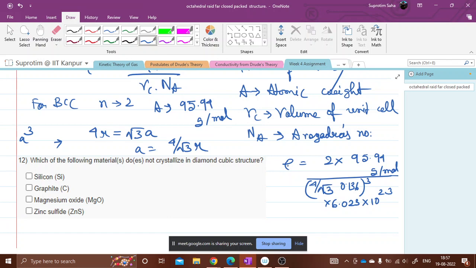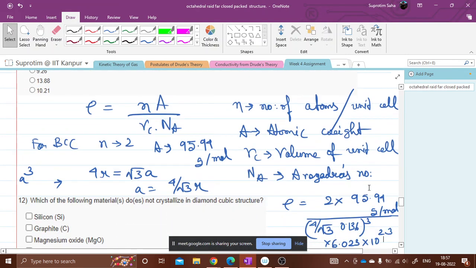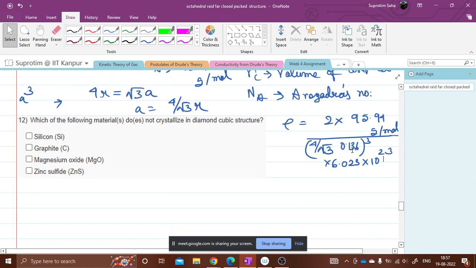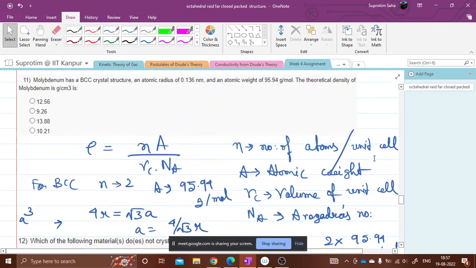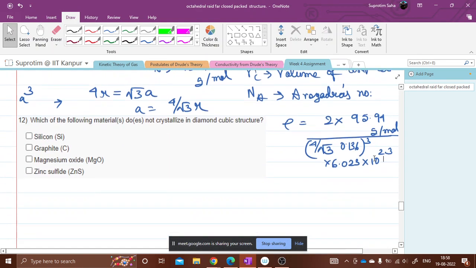I will not calculate it myself. Just keep in mind that this is given in nanometers, so you have to convert nanometer cubed into centimeter cubed. The rest will do the job. This is fairly simple, and you'll be able to find the answer.